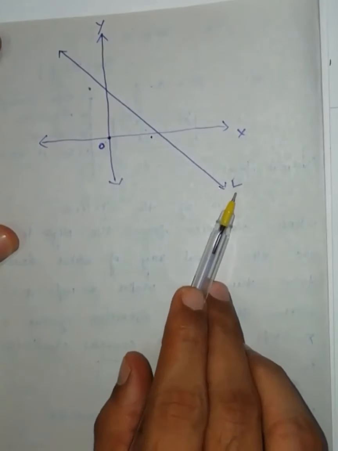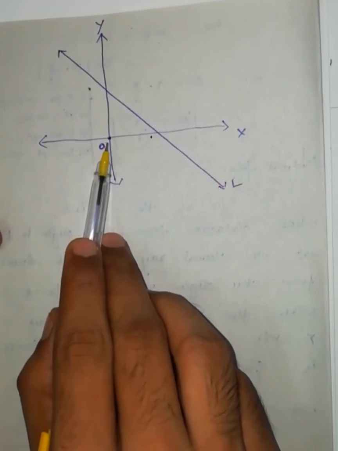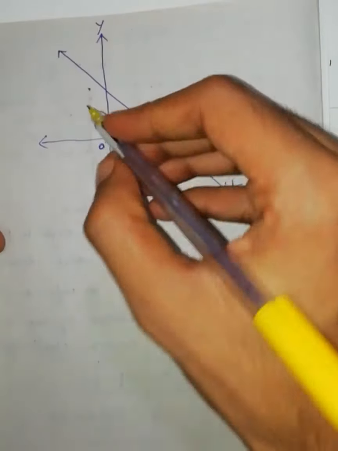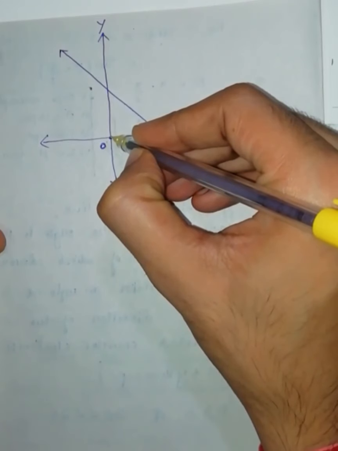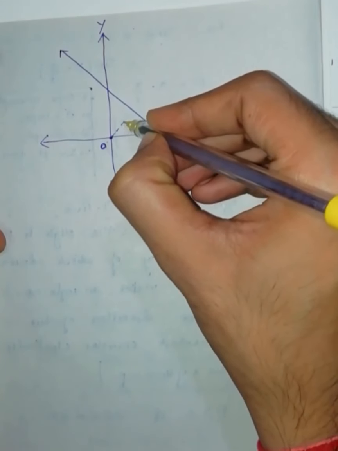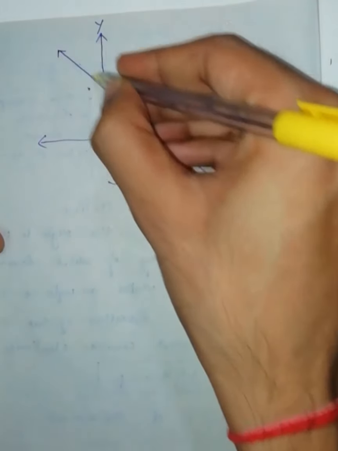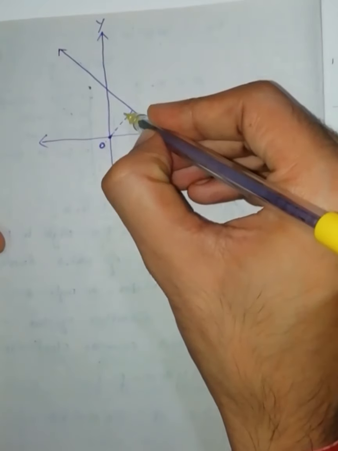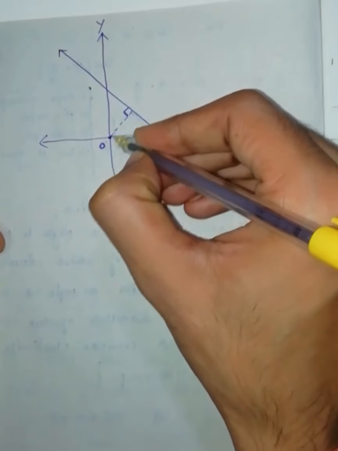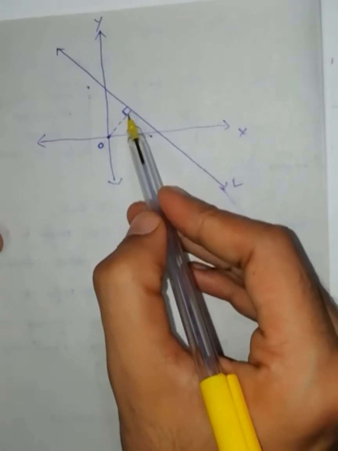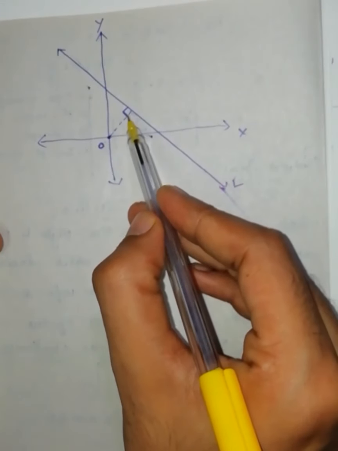On the straight line, we get the shortest distance from the origin if we take a line exactly perpendicular to this line that passes through the origin. This distance will be the shortest distance.